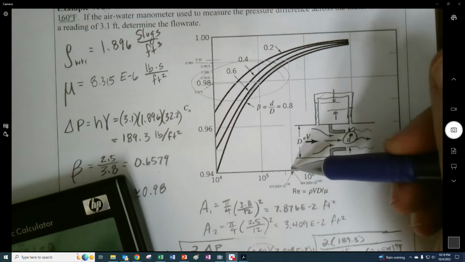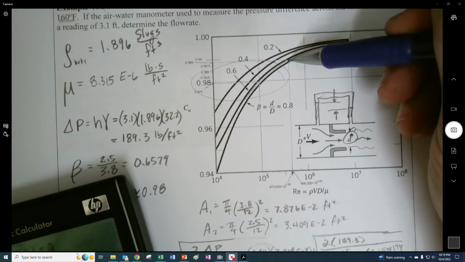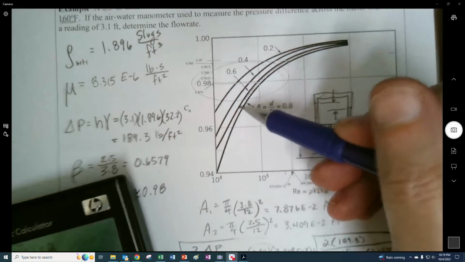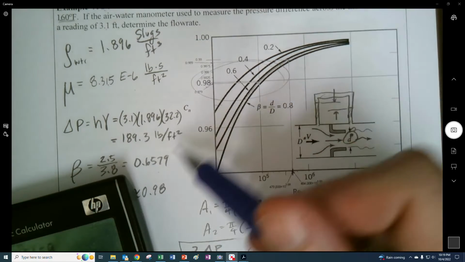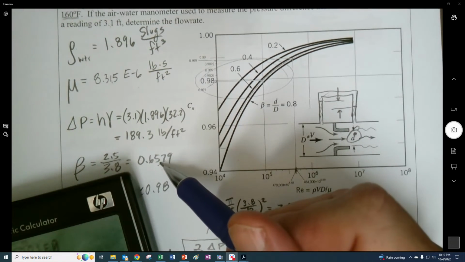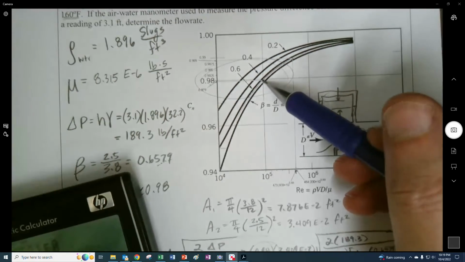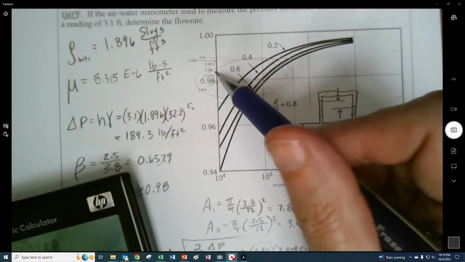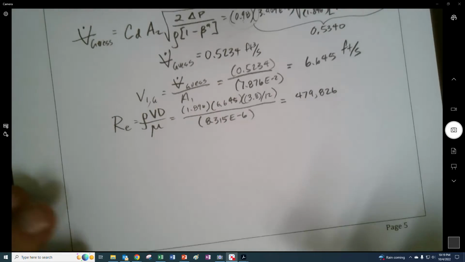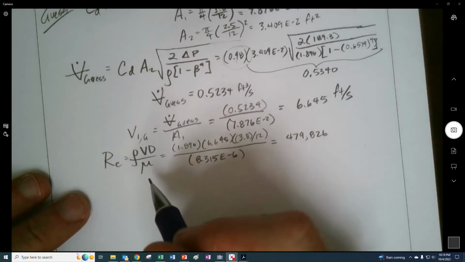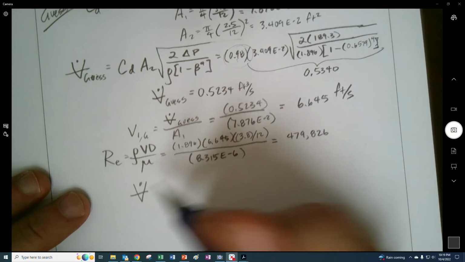We come up to here, and we want to draw a line that's sort of in between these two, because we have a 0.8 and a 0.6, but we really need a 0.6579 curve, so it's somewhere in there. So we can see we're pretty darn close. We don't really need to go too much further. We made a pretty good guess.